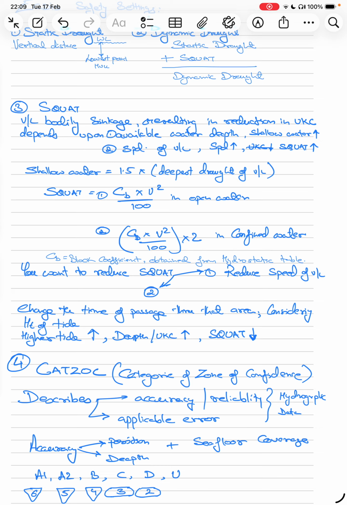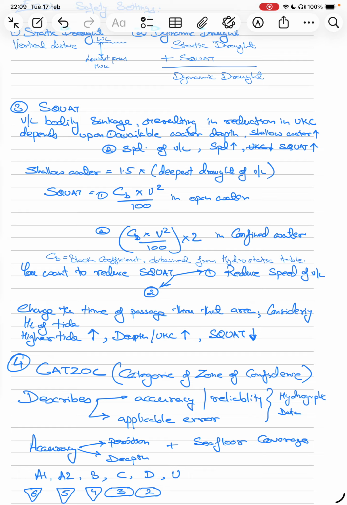What is the shallow water or the confined water? In confined water, the vessel will be experiencing more squat. And if the speed of the vessel is higher, she'll again be experiencing more squat. Shallow water, as such, has not been defined anywhere, but we can take it as 1.5 times the deepest draft of the vessel. That will be the shallow for your vessel.